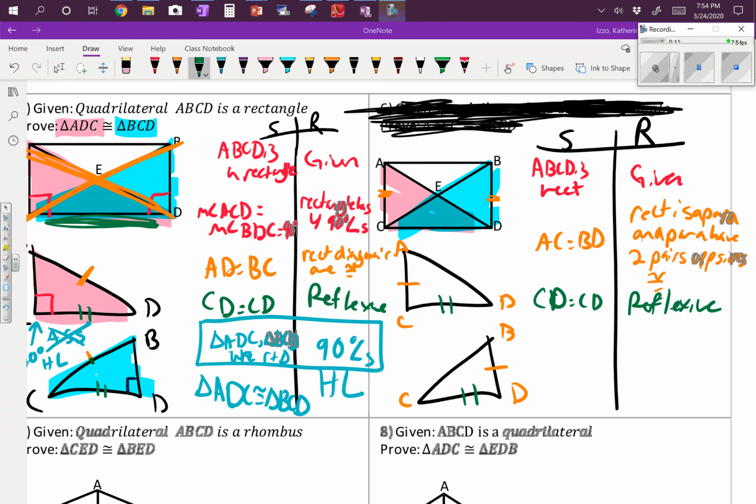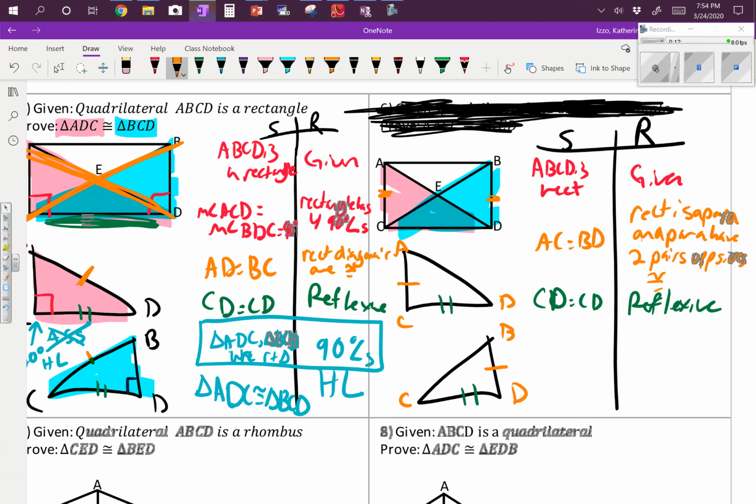You can even go straight with just the parallelogram and say that diagonals bisect each other. And because diagonals bisect each other, then you can add sides or add angles depending on what you're doing. There is a bunch of different things that you can do.